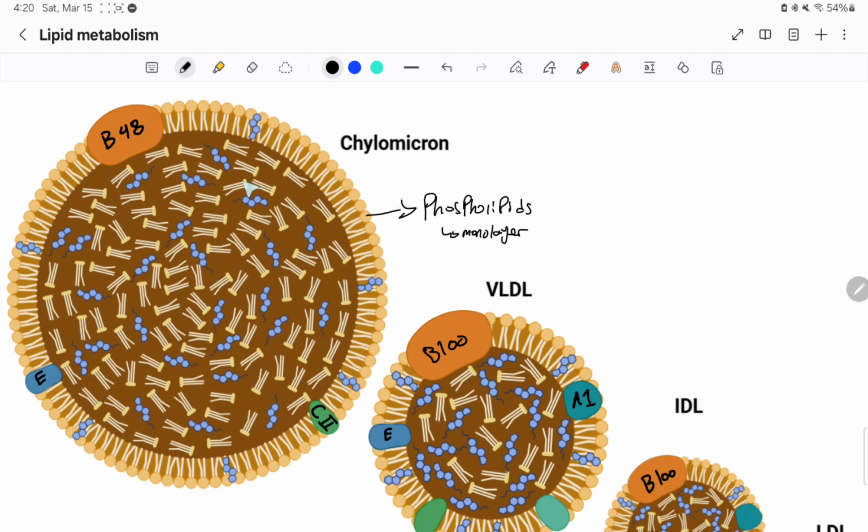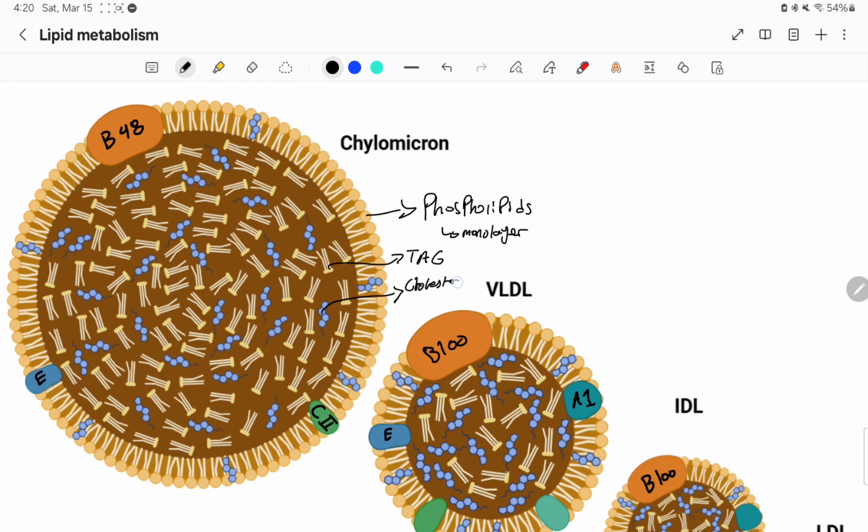The constituents of the outer portion are the phospholipids and a little bit of free cholesterol. But mainly, what is actually inside the core of this lipoprotein molecule is going to be two things. It's going to be a triacylglycerol, and the other thing is going to be a cholesterol, but not any cholesterol, a cholesterol ester.